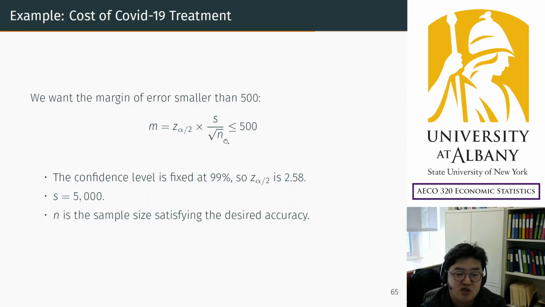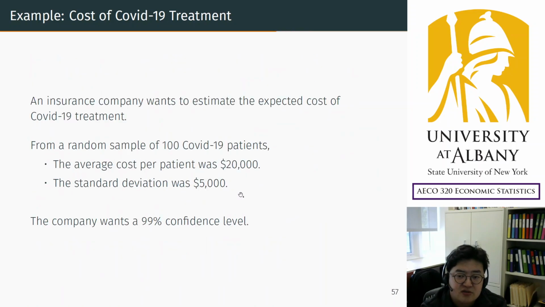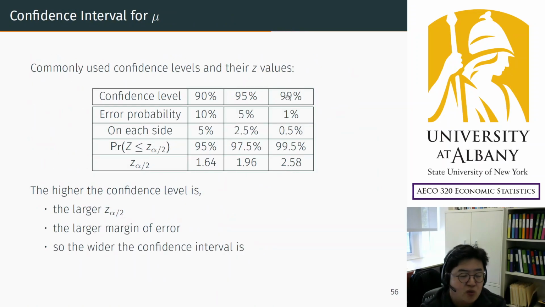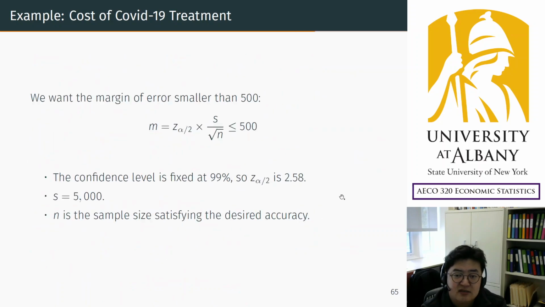Let me show you. So 99% is the confidence level, fixed. So this number, again, going back to the table, excuse me. So we know 99% confidence level implies 2.58. So you need to use 2.58 here, right?